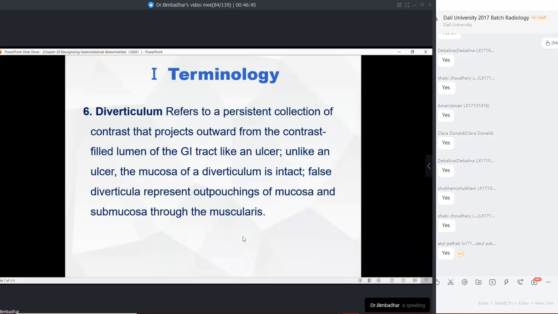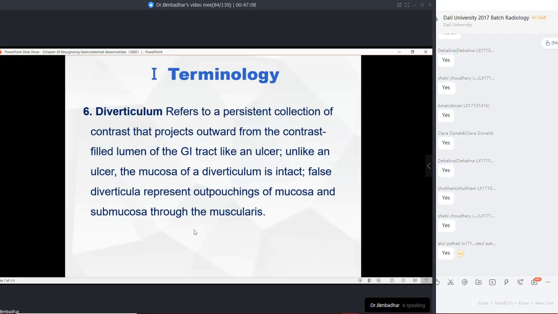Diverticulum is an outward projection of the contrast filling. And unlike the ulcer, the mucosa of the diverticulum is much more intact. And a false diverticulum represents the outpouchings of the mucosa and the submucosa through the muscularis layers.